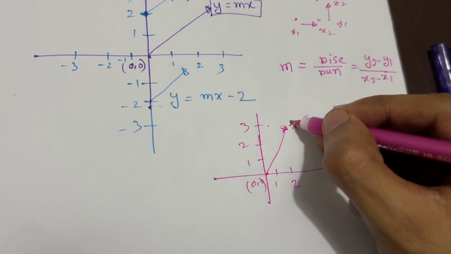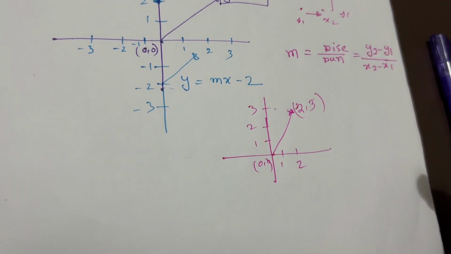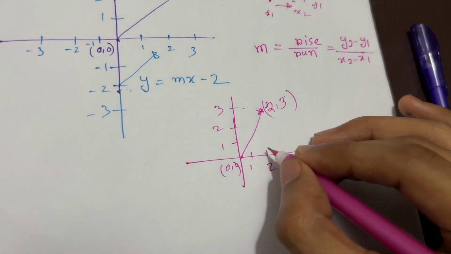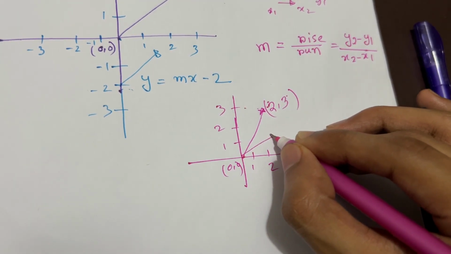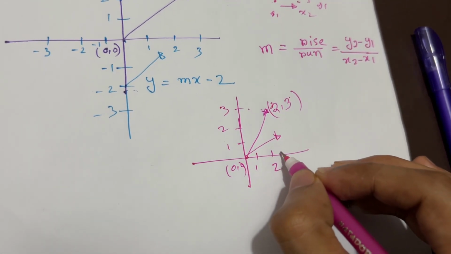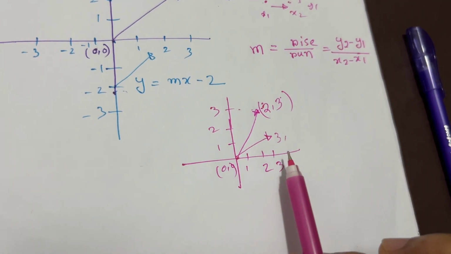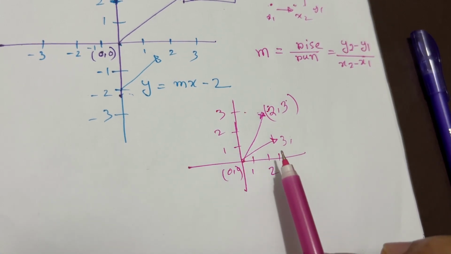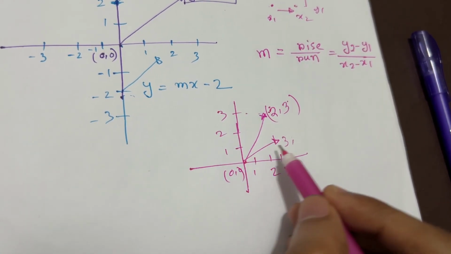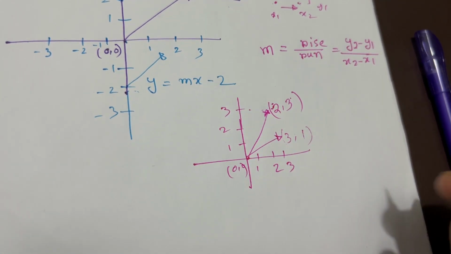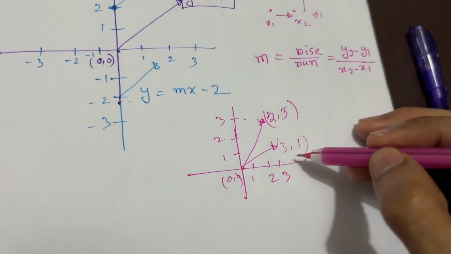This is the y and this is the x. And one more point here, the x value is 3 and the y value is 1. Okay, so there is a very small change.